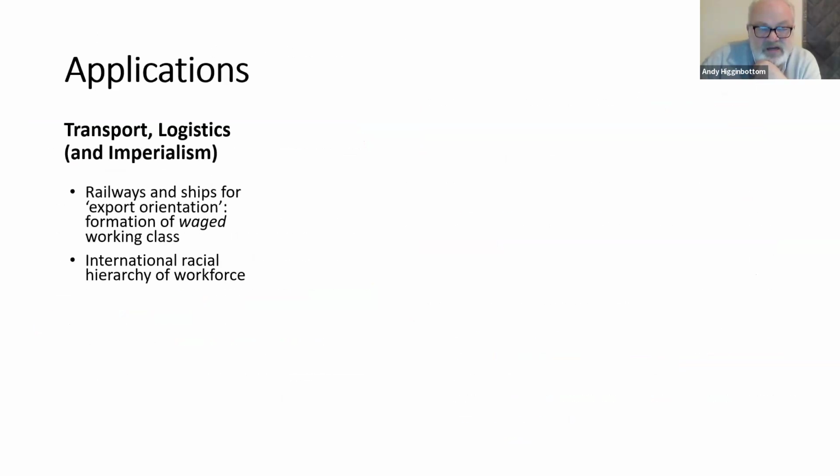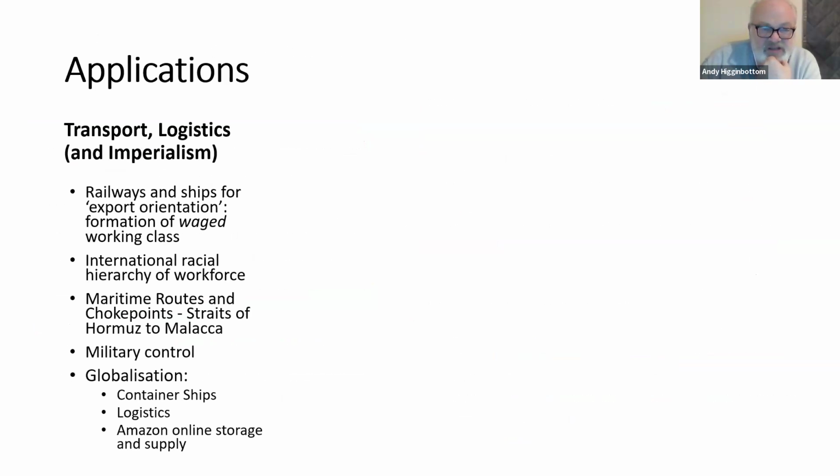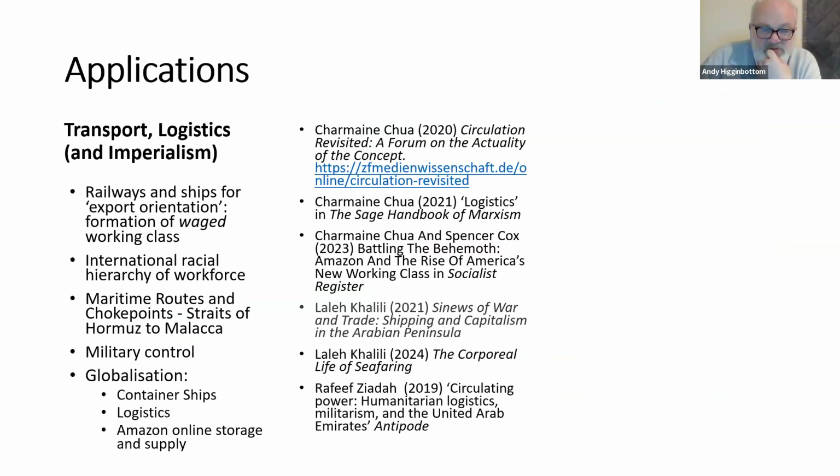So I'm coming to the end now. I think this is the penultimate slide. There are pretty obvious applications of this. There's a very interesting, very contemporary literature dealing with transport logistics under the latest phase of imperialism, globalized imperialism, which has become an important topic with lots of aspects to it, including military aspects.